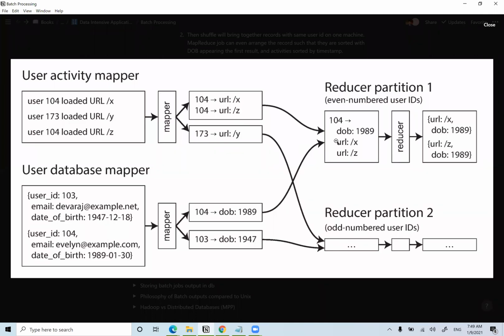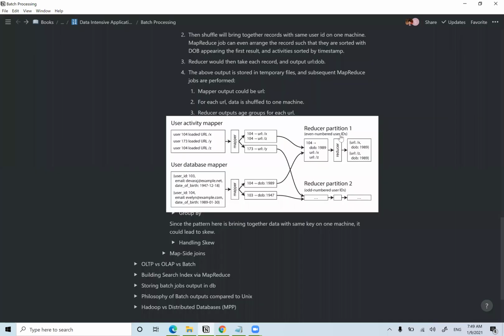It can sort the data in such a way that, let's say, URLs are sorted based on the timestamp, and you will see the date of birth, the data from the user database, as the first result, and the data from the activity mapper following it, and these results are sorted by timestamp. So this thing could be performed by the framework. It will be sorted, and then the reducer will be merging those sorted results. So this was sort merge.